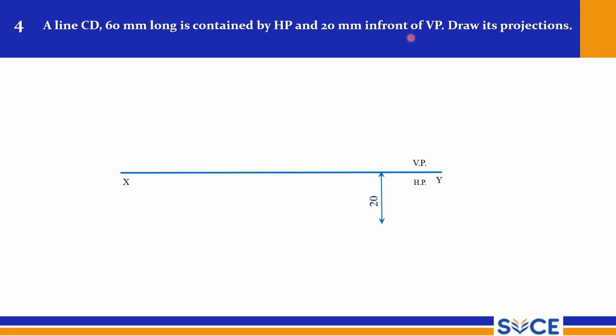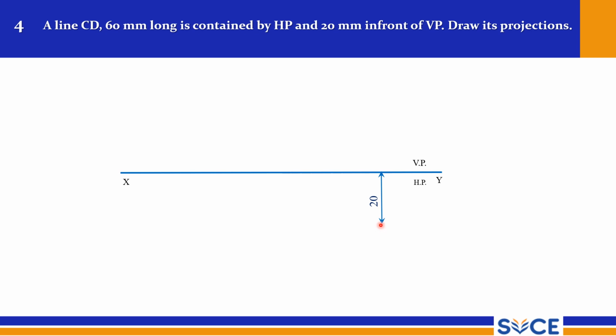The line is parallel to both the planes, but the line is contained by HP. When it is on HP, the front view will fall on the XY reference line itself, because the front view is observed along your VP, along your HP. So on the XY reference line you are going to get the front view. At 20 mm distance you are going to get the top view.